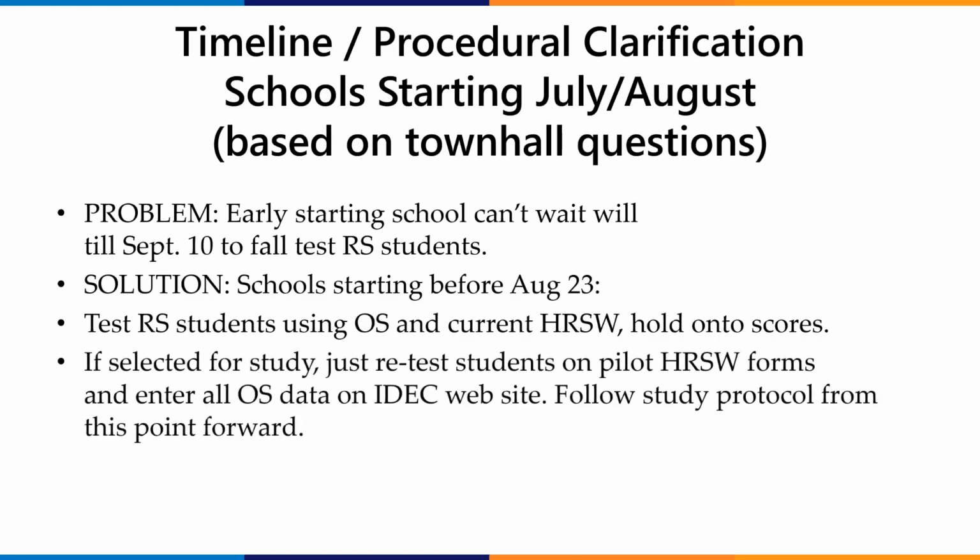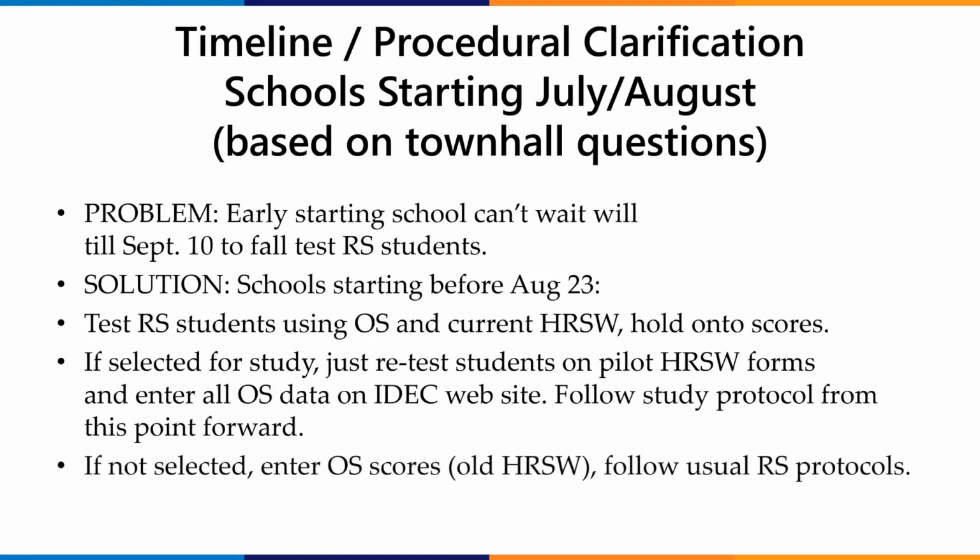If you are selected for the study, just retest those 2 students on the pilot Hearing and Recording Sounds in Words form, and then enter all of that OS data on the IDEC website, and follow the study protocol from this point forward. If a school is not selected, then go ahead and enter the OS scores with the old Hearing and Recording Sounds in Words and follow the usual random sample protocols.